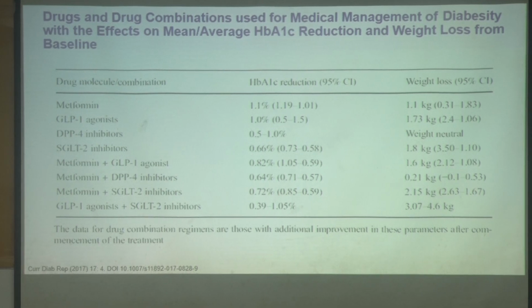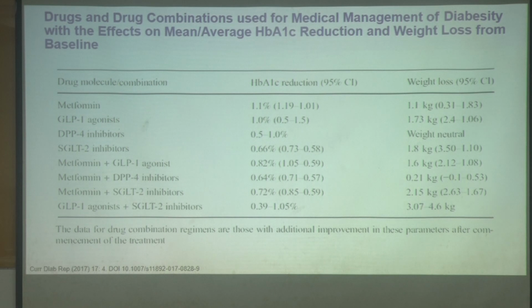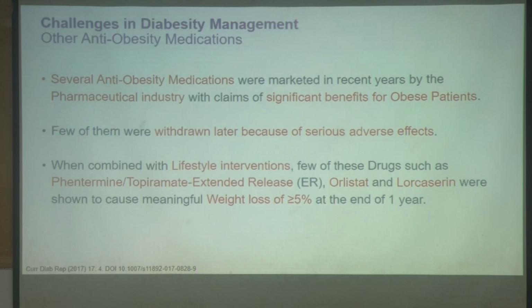So these are the drugs and drug combinations with reference to A1C reduction and weight loss: metformin, GLP-1, DPP4, SGLT2, and combinations of metformin with GLP-1, DPP4 and SGLT2, in terms of A1C reduction as well as weight loss.